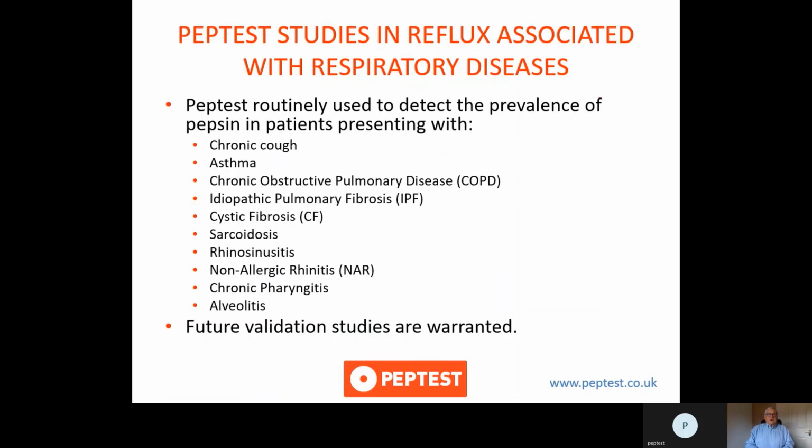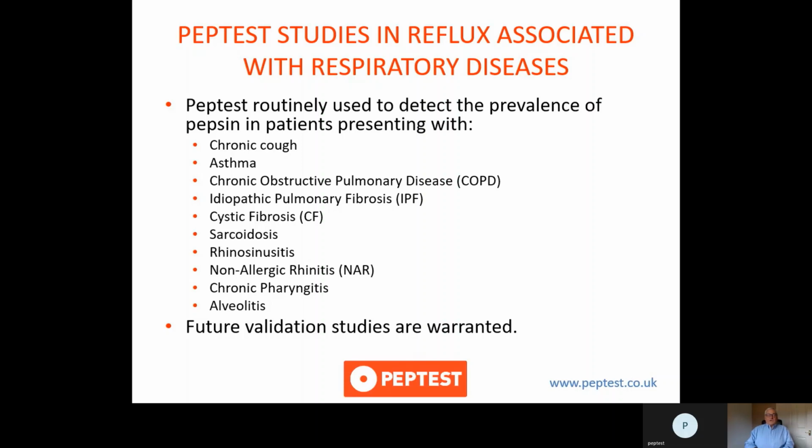Now, I mentioned respiratory diseases earlier on. We routinely test with PEPTEST for the presence of pepsin in patients presenting with a long list of conditions, from chronic cough through to asthma, cystic fibrosis, pharyngitis, etc. You'll find that a lot of these respiratory diseases are associated with reflux.